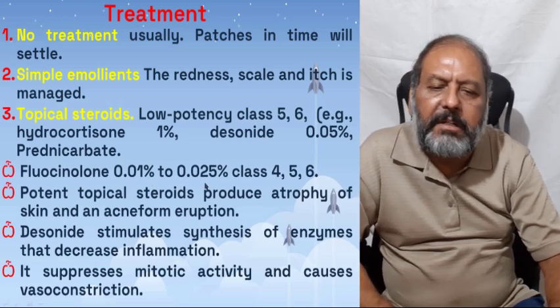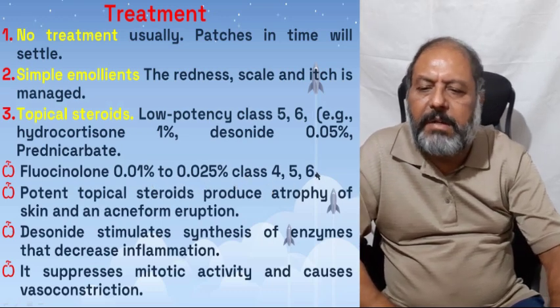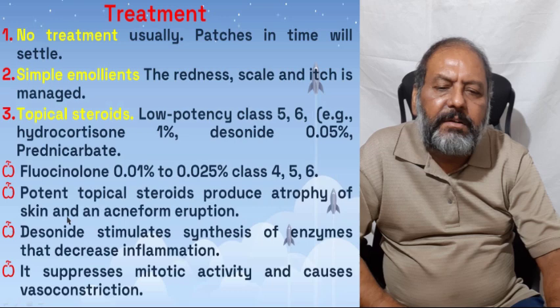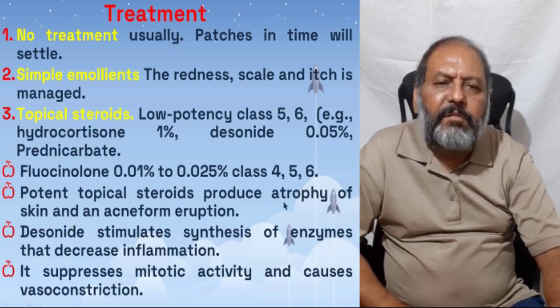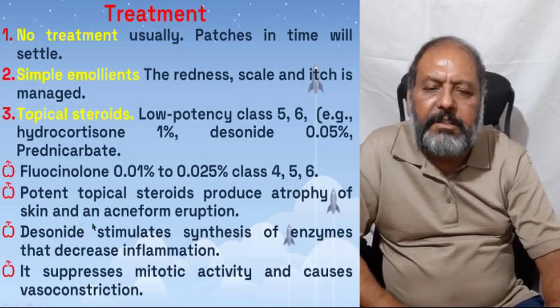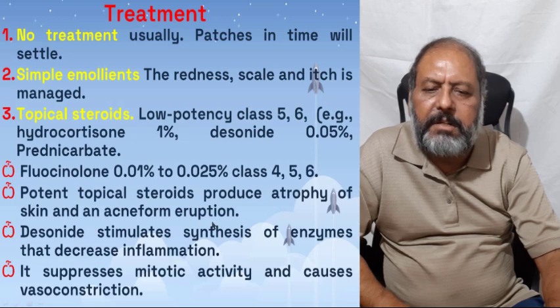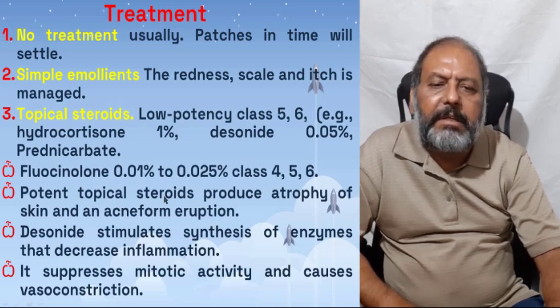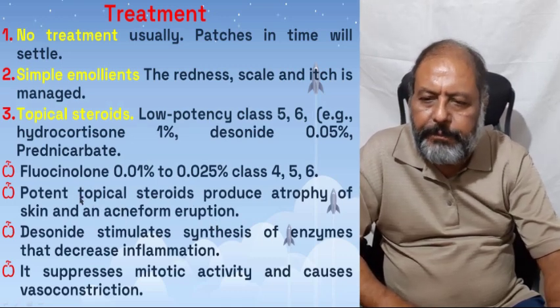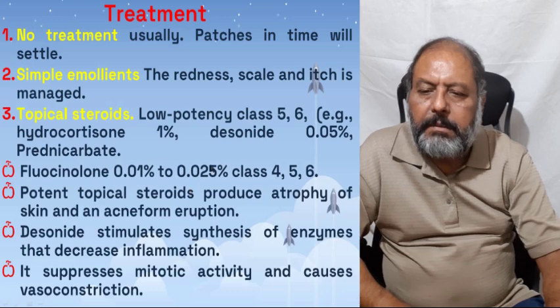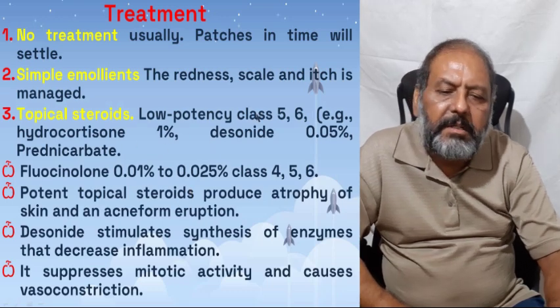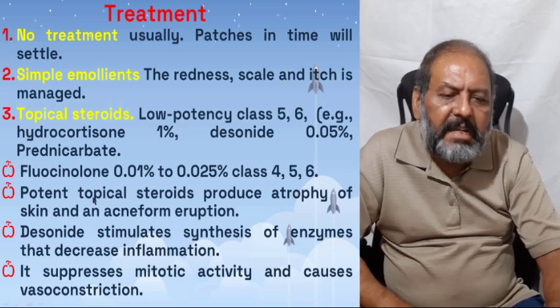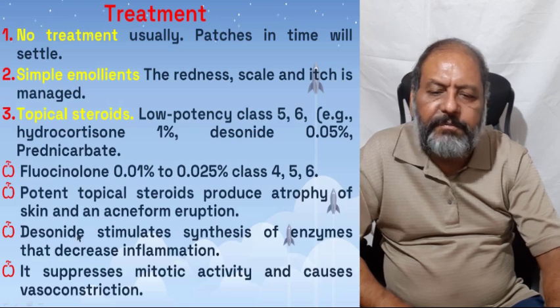Potent topical steroids produce atrophy of the skin and acneiform eruption. So one has to avoid all these potent topical steroids and use only the low potency class. Desonide stimulates synthesis of the enzymes that decrease inflammation.